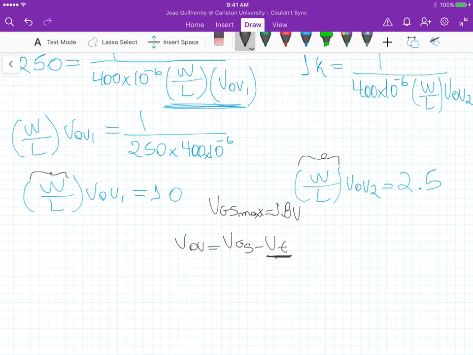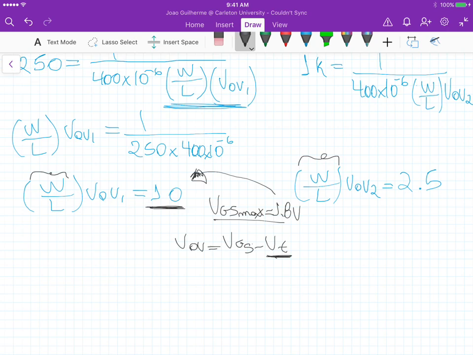Now, because in this first condition we have the highest value of aspect ratio times the overdrive voltage, we need to use this maximum value of VGS here, because we can decrease VGS to something less than 1.8, since that's the maximum.